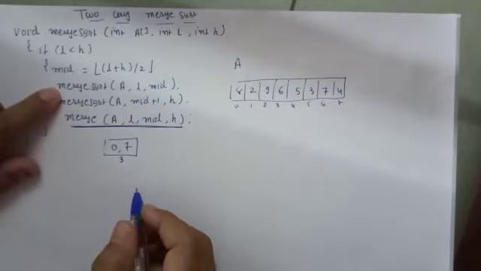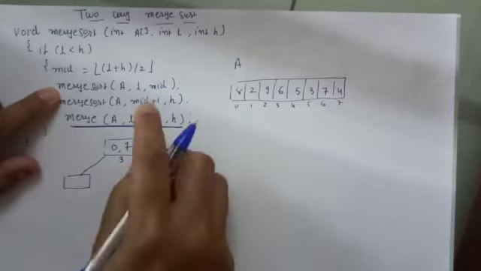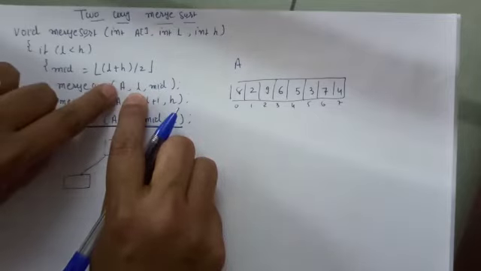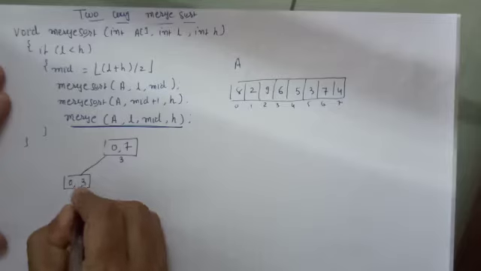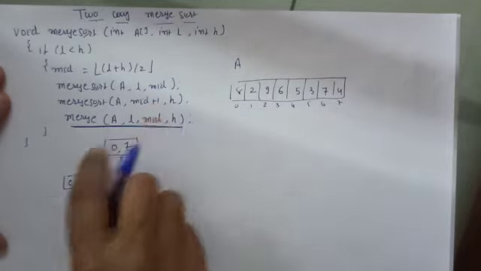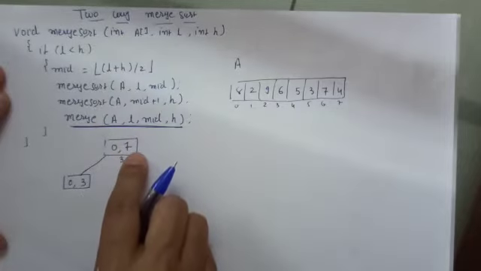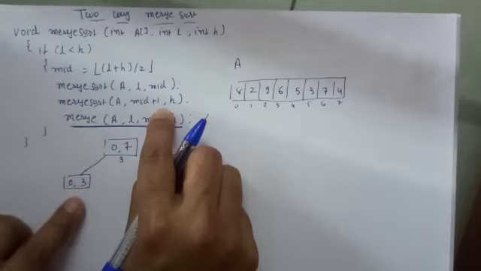Now I call merge sort from lower to mid, so 0 to 3. There are two calls for this function call of 0 to 7, but right now I am ignoring the second and completing this call.